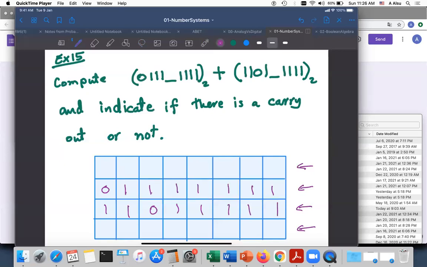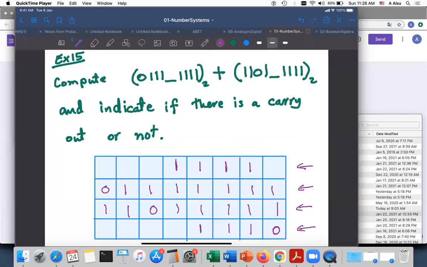So I'm starting from here. We start from the least significant bit, of course, which is this one here. So 1 plus 1 is 0 with a carry of 1.